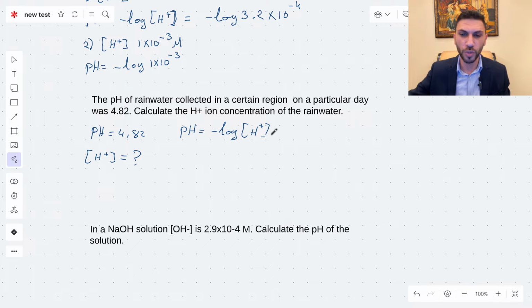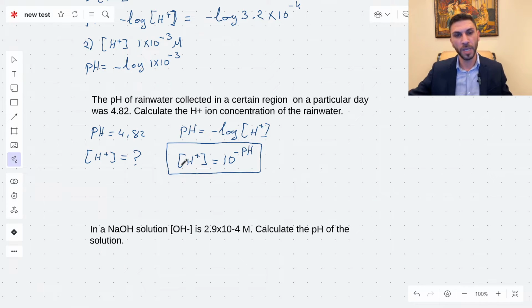Therefore, we need to do the antilog. That means the H positive should equal 10 to the power of negative pH. This is how we solve for the concentration of H positive, which equals 10 to the power of negative 4.82. Using a calculator, you will find it.